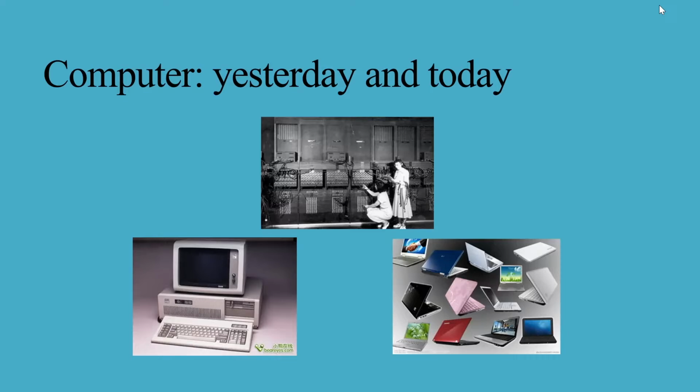The machines were composed of many parts, and could be stored in many rooms in order to work properly. Then in the 1980s, as you can see, this is a personal computer, the so-called 286 model.